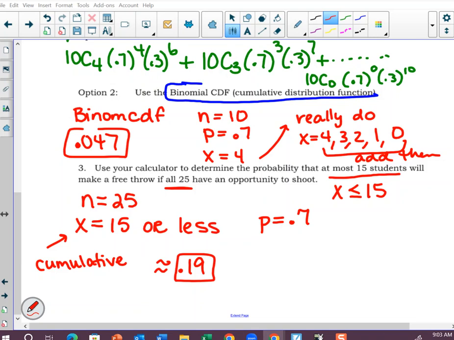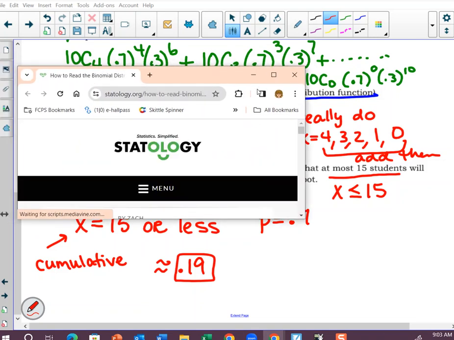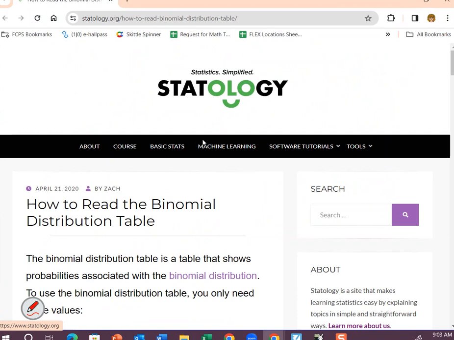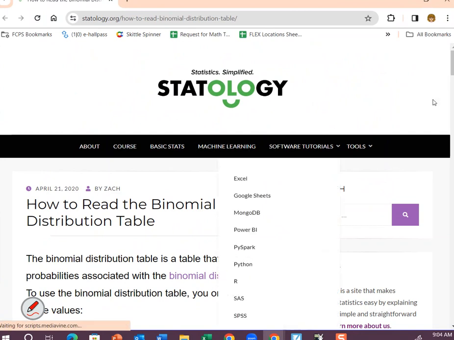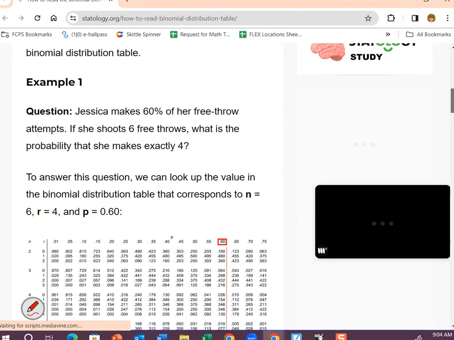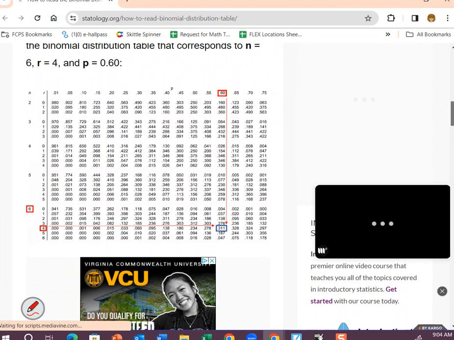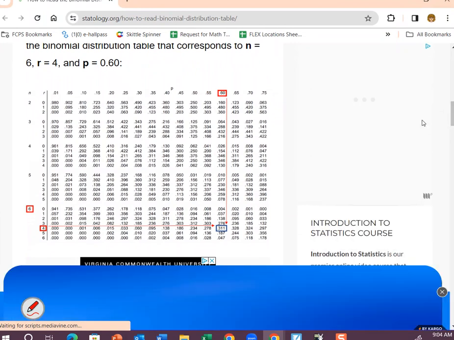Let me see if I can find one. Oh yeah, there it is. You guys are going to be like, what? This is like changing the channel on the TV without a remote, right? So you would have to go to a table like this.